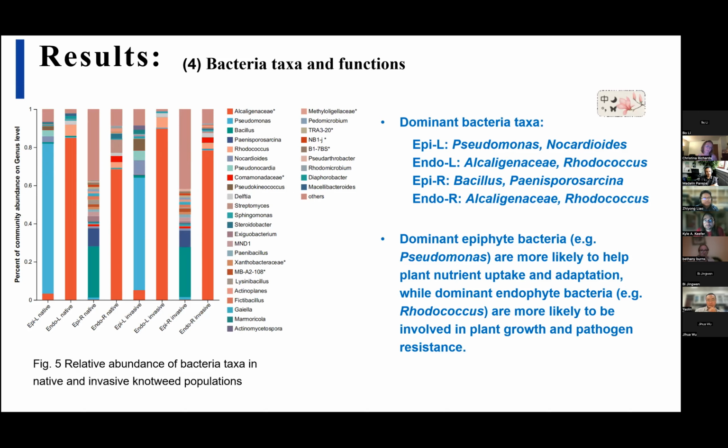We can see the dominant bacterial taxa here, epiphytic leaf, is Pseudomonas and whatever, and the dominant epiphytic bacteria such as Pseudomonas are more likely to help plant nutrient uptake and adaptation, whereas the dominant endophytic bacteria, such as Rhodococcus, are more likely to be involved in plant growth and pathogen resistance.